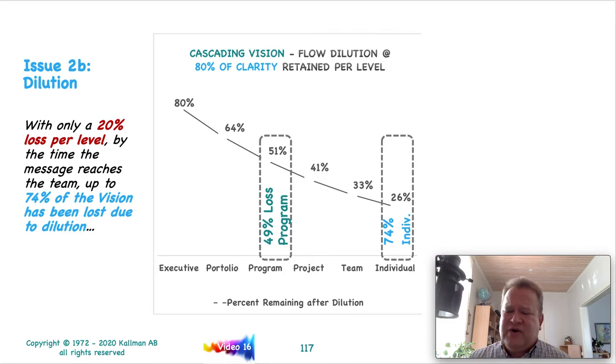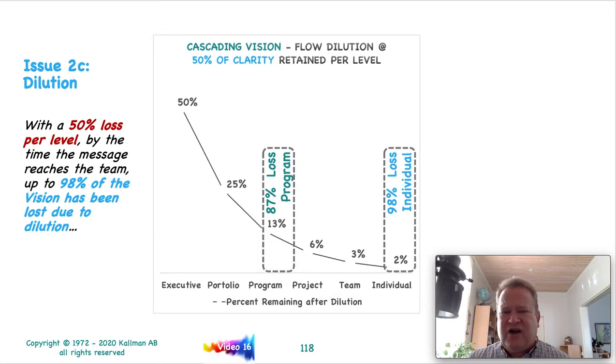And if you are not very good at all, and you're losing 50% per layer because of politics and confusion and chaos and everything else that you have in the organization, you've already lost almost 90% by the time you get to the program level. And by the time you get to the individual, it's 98%. You've basically lost the entire message.